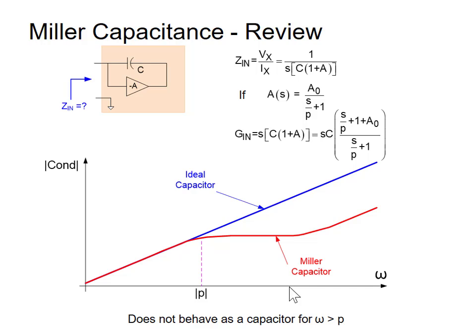But when you start to get to higher frequencies, the gain of that amplifier starts to drop off, and the magnitude of your conductance will deviate from this line here a little bit. And you'll get some phase shift that's not quite 90 degrees as well. However, as long as the frequency is below this point here, it pretty much looks like a large capacitor. Make sense?